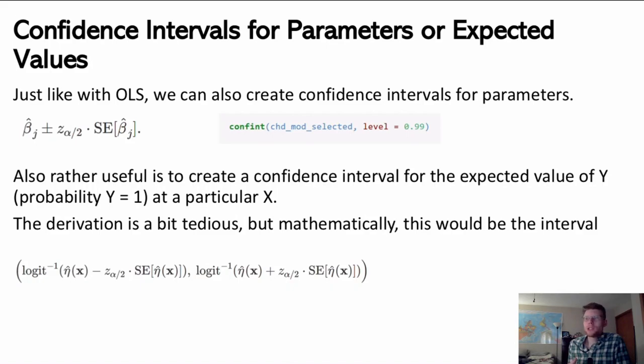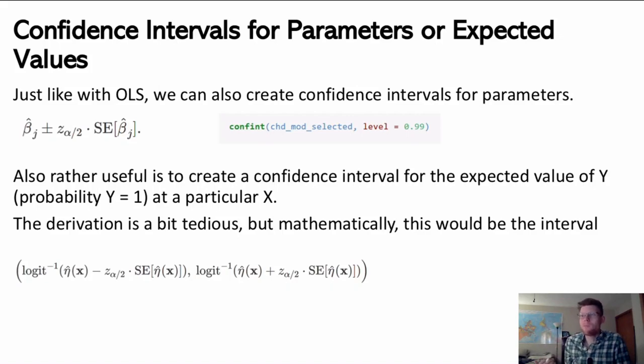I will also mention you can't really do prediction intervals when you're doing logistic regression. You can do a confidence interval for the expected value of y given x, or the expected value of y at any particular x value. But there's no such thing as a prediction interval because I'm not capturing actual observations with an interval, because all the observations are either 0 or 1.